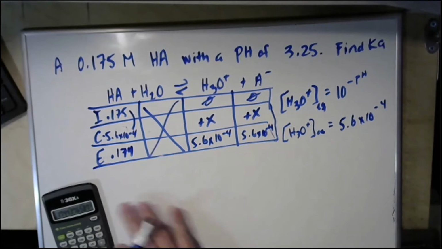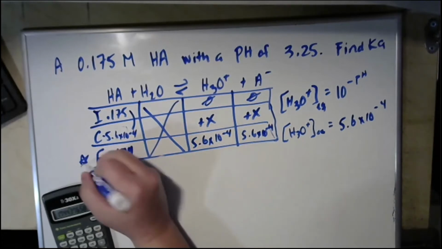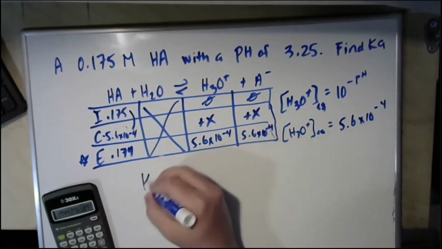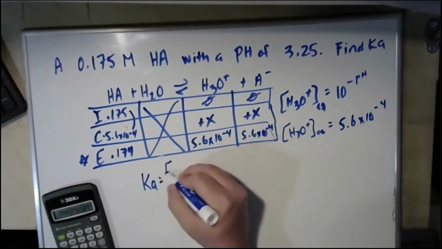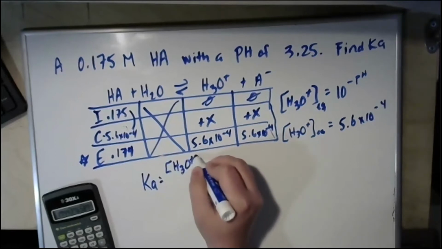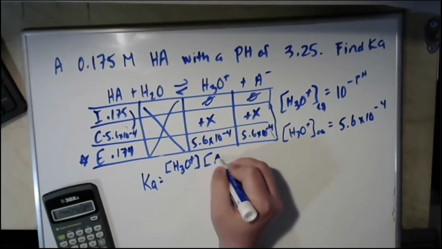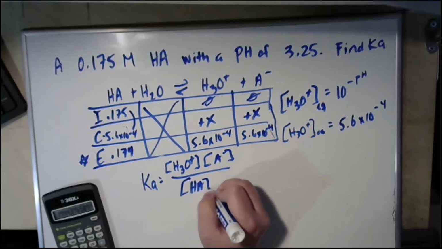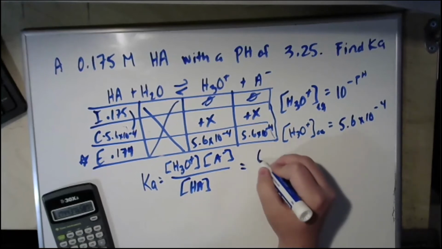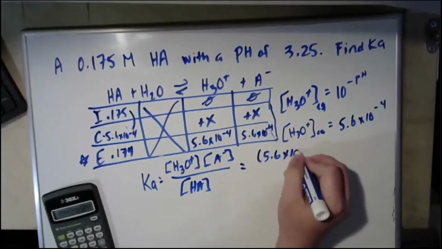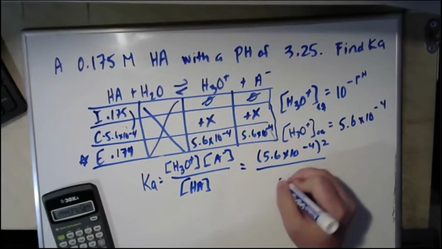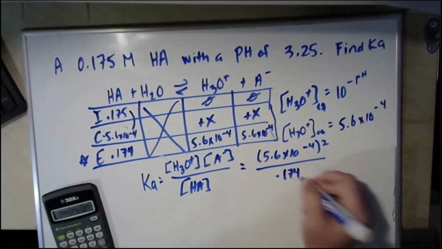All right, all our equilibrium values are plugged in. We're going to use this equilibrium row to calculate our Ka value. So we have 5.6 times 10 to the negative 4 squared divided by 0.174.